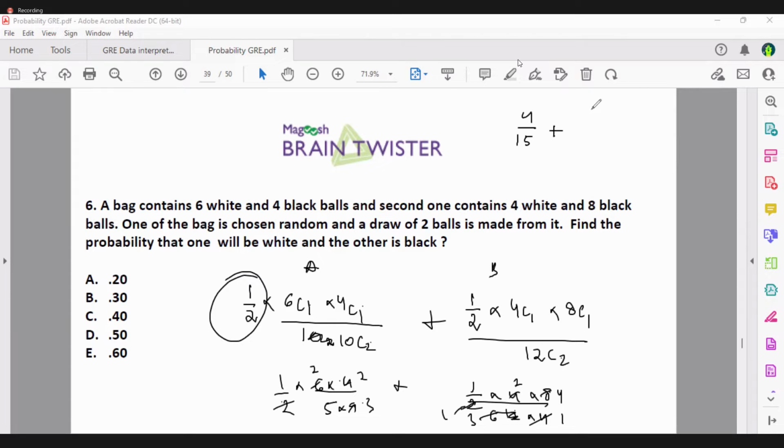So 2 times 4 is 8, 8 over 3 into 11, 33. LCM would be 11 into 15, 165. And that is 4, so 11 into 4 is 44 and 5 into 8 is 40. So 84 over 165. So yes, it is 0.50.